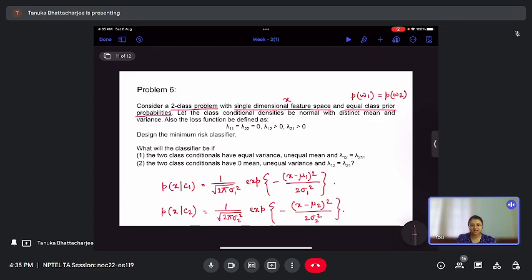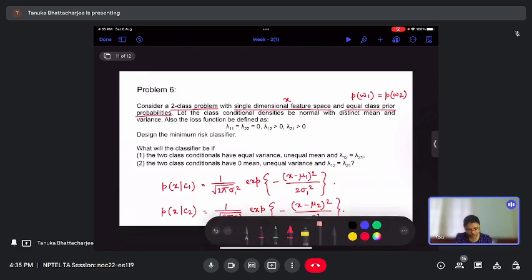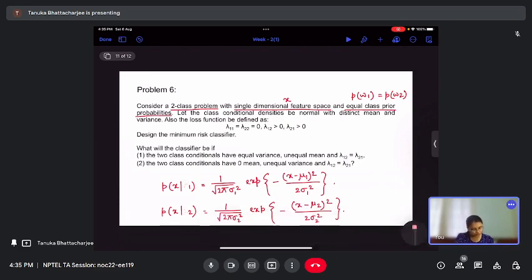So we know the prior probabilities, we know the class conditional probabilities. Also the loss function is given. So lambda 1 1 and lambda 2 2 is 0, that is, if you classify the object correctly. Sorry, I jumbled up the notation a bit, I am really sorry. I will use omega 1 and omega 2 throughout.